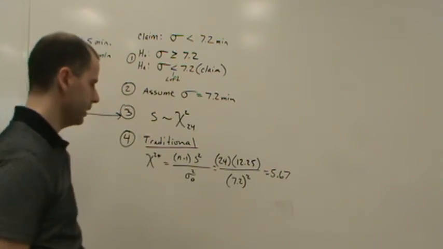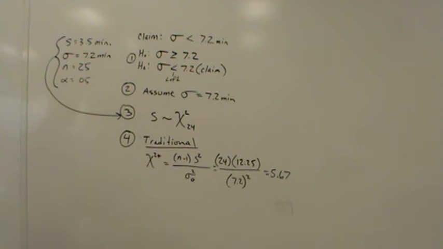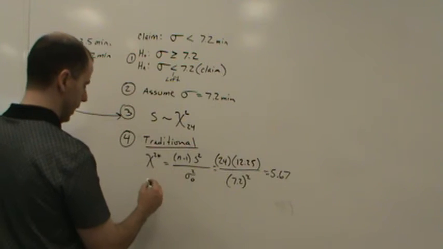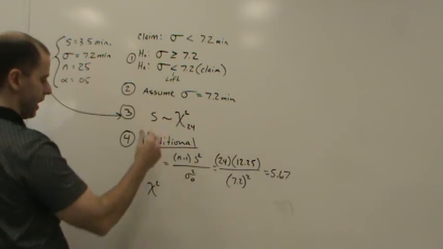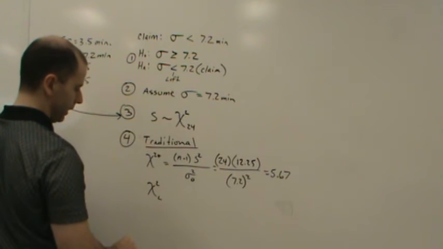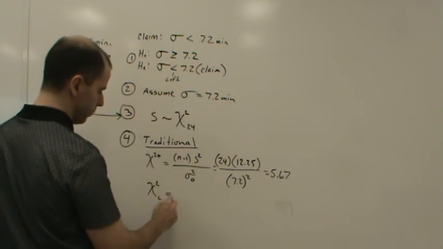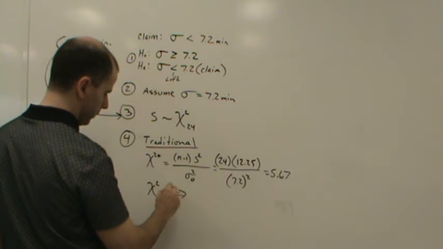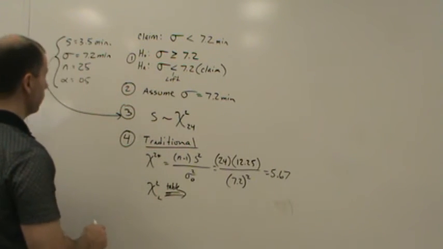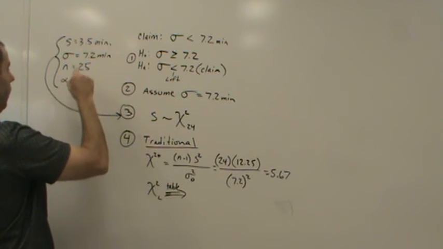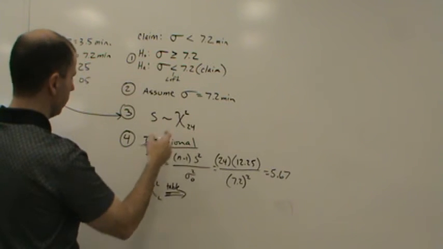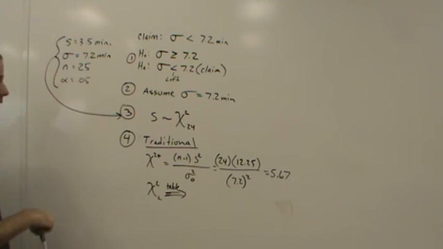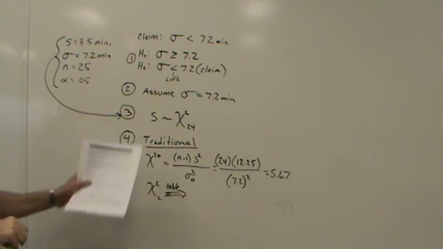Okay, that's our test statistic. Now, all we need to know is our critical value. In this case, it's a left-tailed test, so we want the chi-squared L. We're going to use the table, with degrees of freedom of 24, and alpha of 0.05 because it's a one-tailed test.